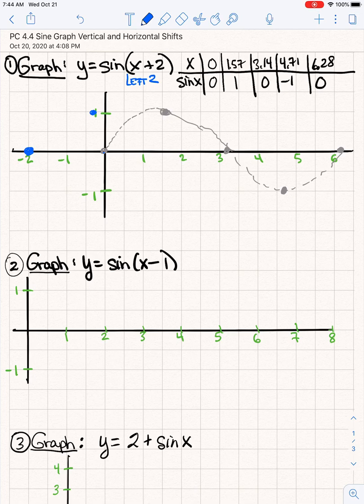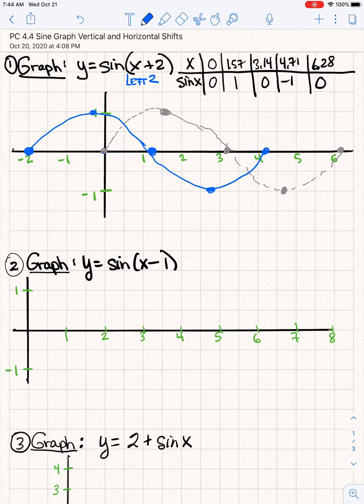Then we're going to move from 3.14 back 2 units. From 4.71, we're going to move this 0 back 2 units to about right here. And then we're going to land here at about 4.28.